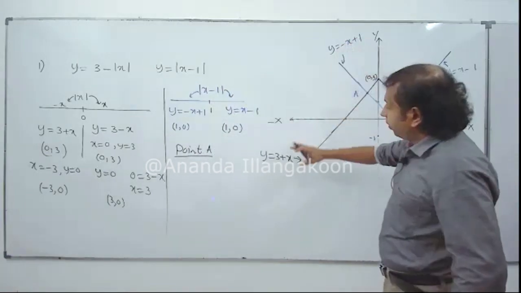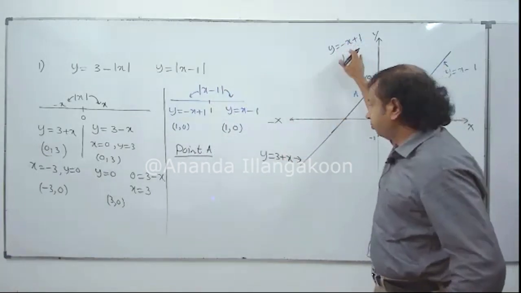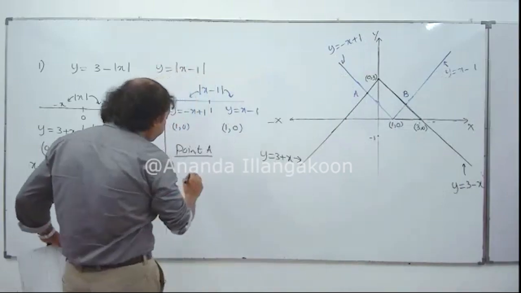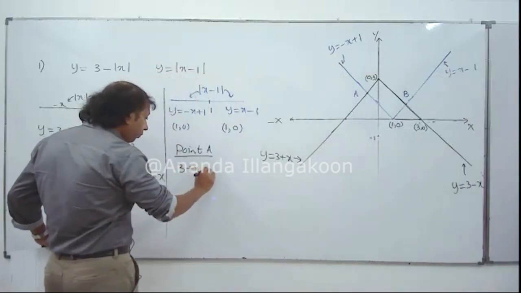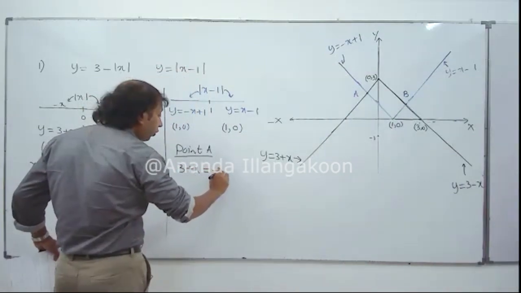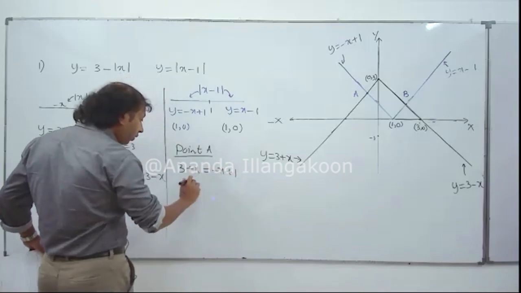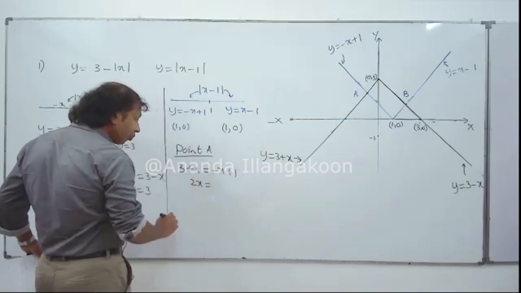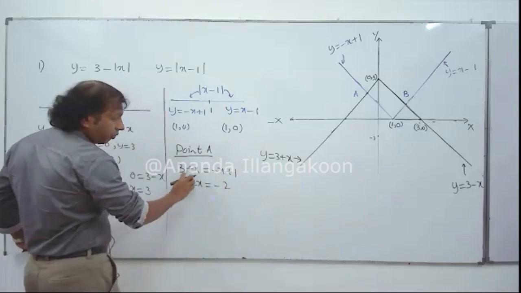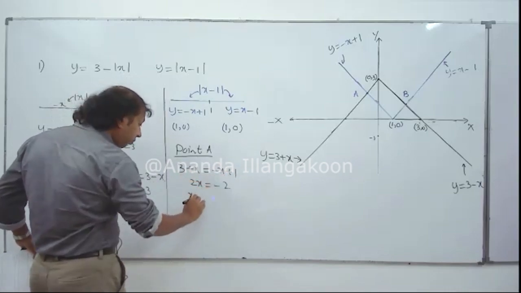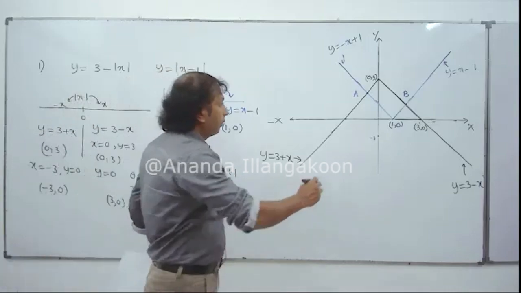That means equate the right hand sides. 3 plus x equals minus x plus 1. 2x equals minus 2. X is minus 1, here.